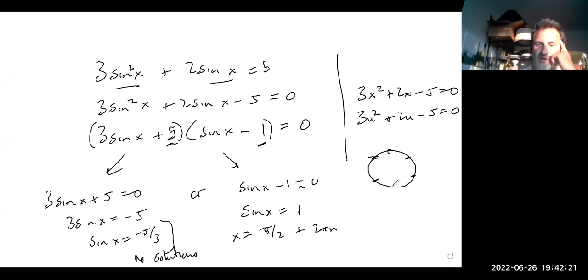But here and here are 2 moments when there's only 1 time in the unit circle that it happens. There's still an infinite number of solutions because if I go 2 pi n, it'll still provide me with more answers, but only one answer in the unit circle. N is any integer.